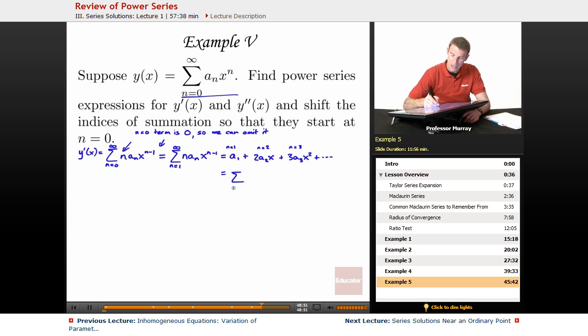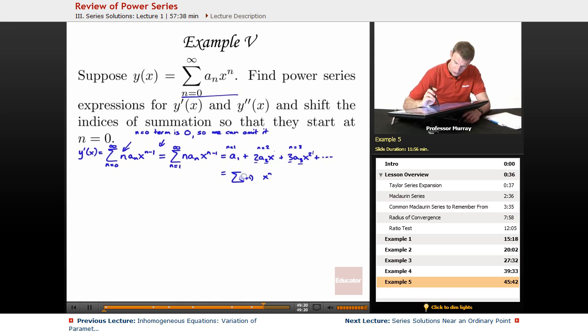And if I want to write it in sigma form now, and I want to write it so that there's an x to the n there, what I notice is that these coefficients, these numbers on the coefficients, are one higher than the power of x. So here I've got 3a sub 3 x squared. So the coefficients are one power higher. So what I'm going to do is I'm going to put n plus 1.